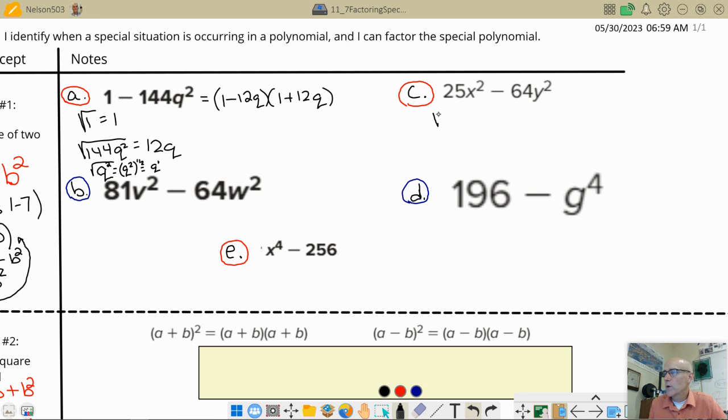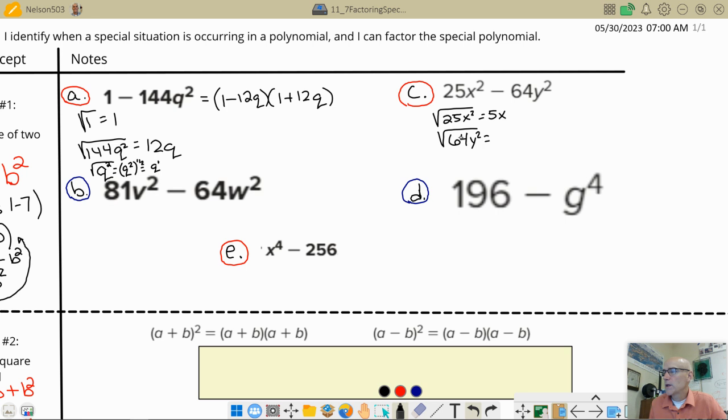So I take the square root of 25x squared. Can I do that? Yes, I can. I get 5x. I'm going to take the square root of 64y squared. Don't take the square root of negative 64. The negative is just between the two terms. It's important. We're subtracting two squares from each other.